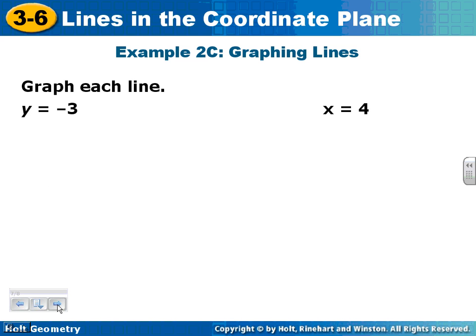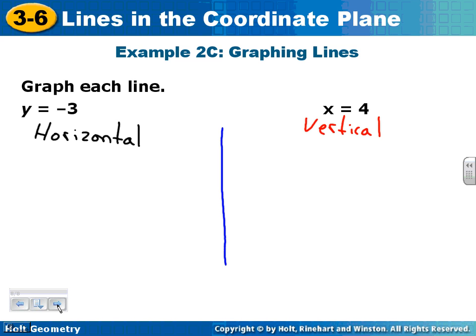One more slide, then we're done. Graph each line. Notice you have 2 of them here. When y is some number, that's horizontal. And when x is some number, it's vertical. So I'm going to graph both of these on the same graph. I'll use my colors here. Y is negative 3.